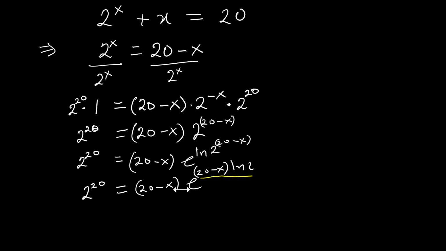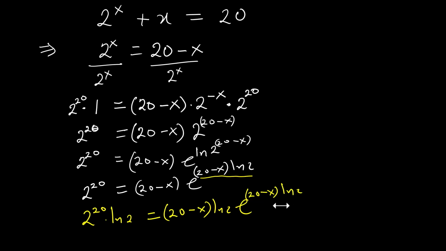This one is missing here, so you need to multiply both sides by ln of 2. So I will say 2 raised to 20 times ln of 2. Then this side will be 20 minus x ln of 2, then e raised to 20 minus x ln of 2.